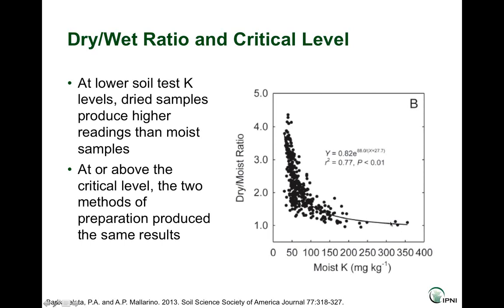As we get to higher soil test levels, the differences between the two methods of preparations becomes insignificant. So it again shows the importance of potassium fertilization on the mineralogy and the behavior of those soils under laboratory conditions during soil testing.